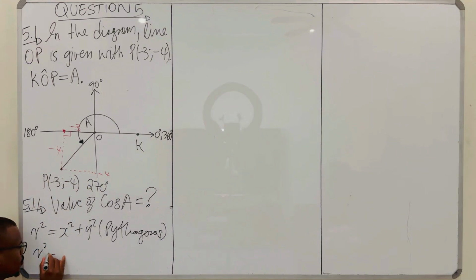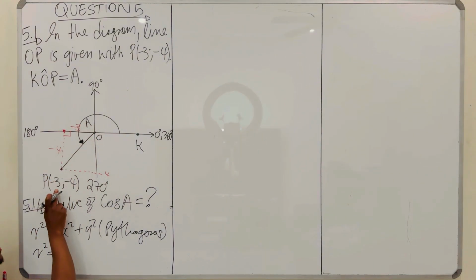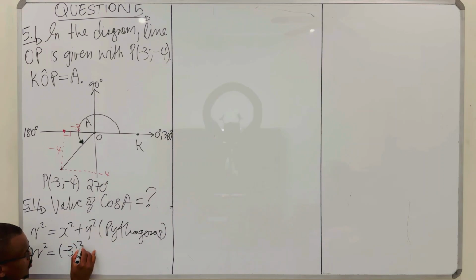So r squared is equal to x squared plus y squared. X is that horizontal distance, which is -3, all squared, plus y, which is -4, all squared, which is this length over here. So this is 9 and 16, and they add up to 25.